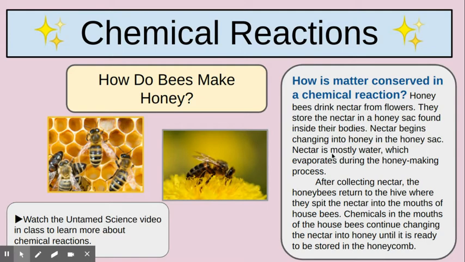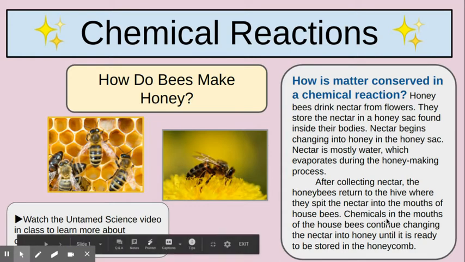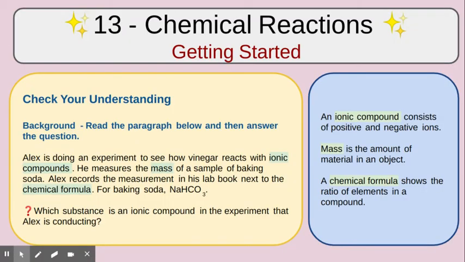It's kind of interesting, how they take in that nectar from the flowers and the water evaporates and they spit in the mouths of house bees, and how that chemical reaction takes place to create honey that we love.